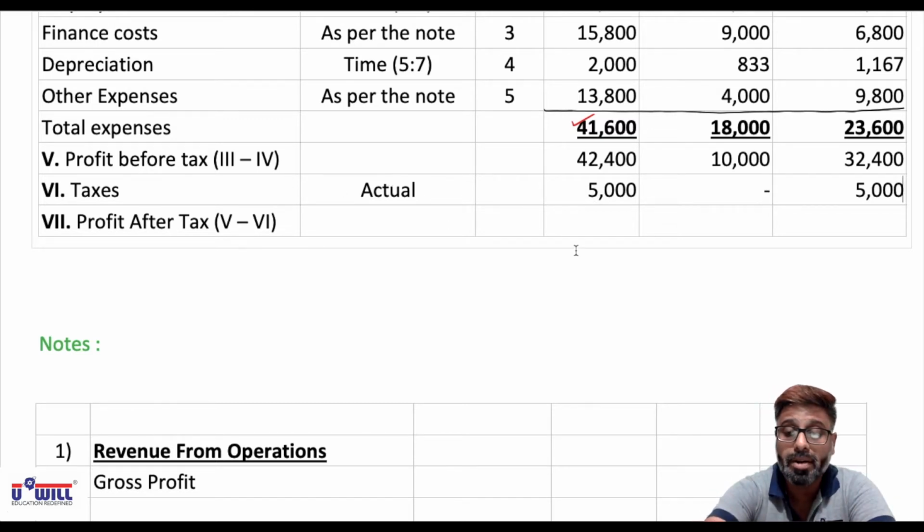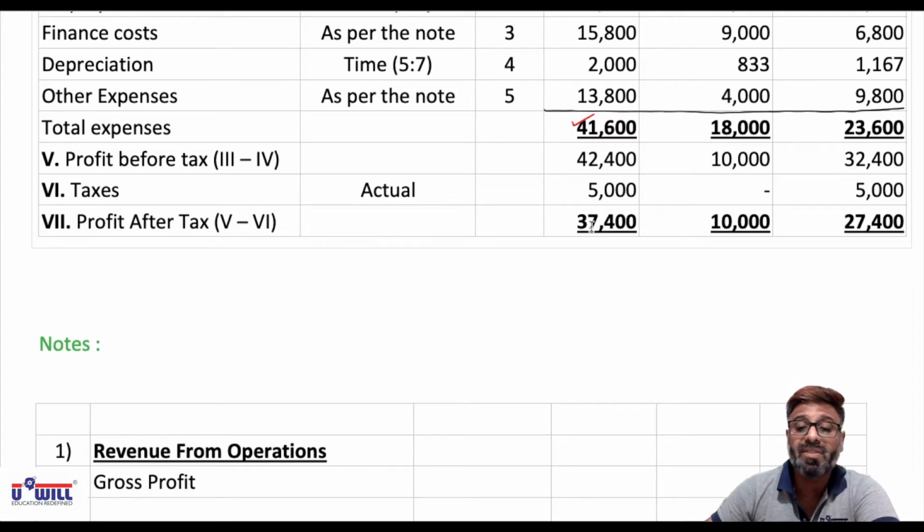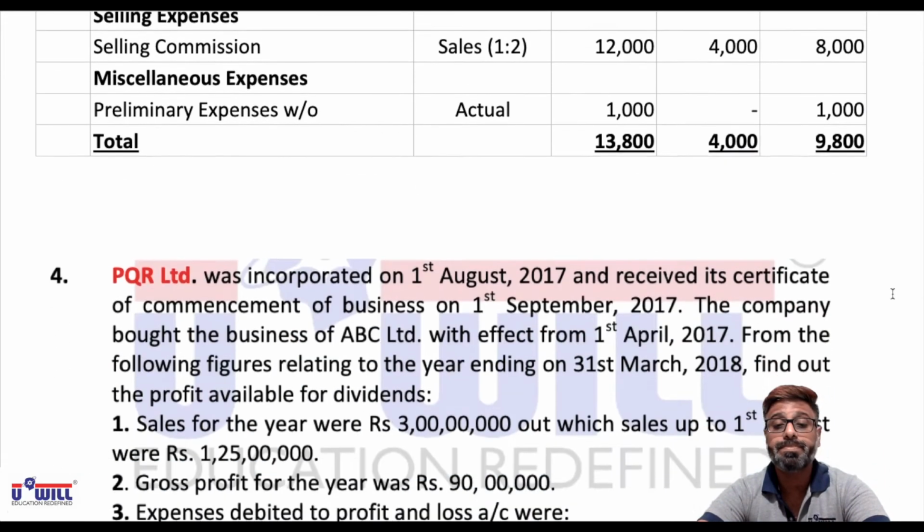Now 42,400 minus 5,000, 37,400. 10,000 minus nil, 10,000. 32,400 minus 5,000, 27,400. This is profit after tax. I hope everyone is clear with this question.